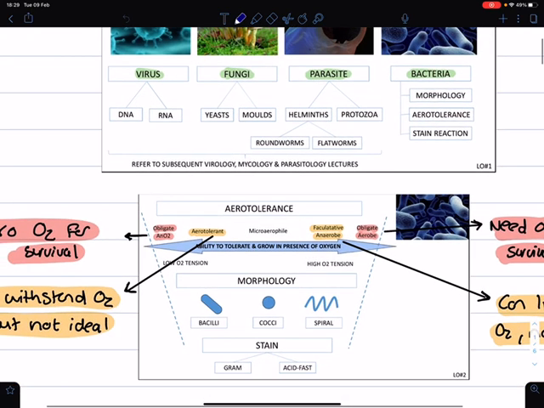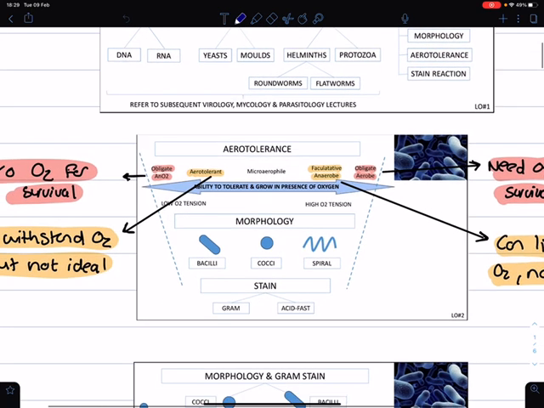So if we look at bacteria's oxygen tolerance, there are four main types. It is obligate anaerobe, aerotolerant, facultative anaerobe, and obligate aerobe.